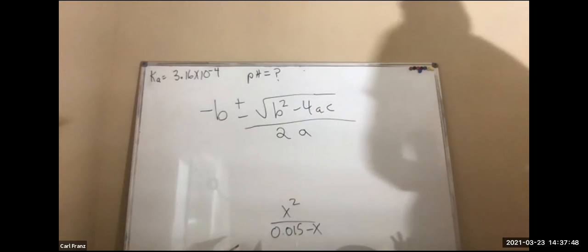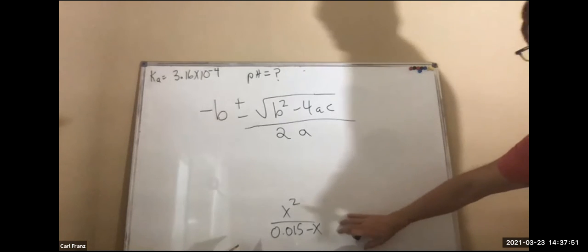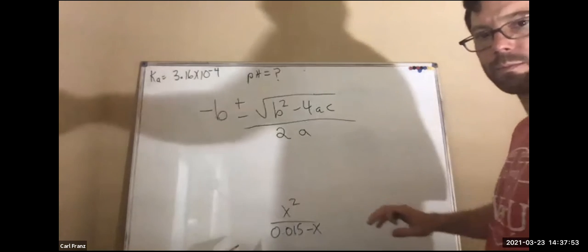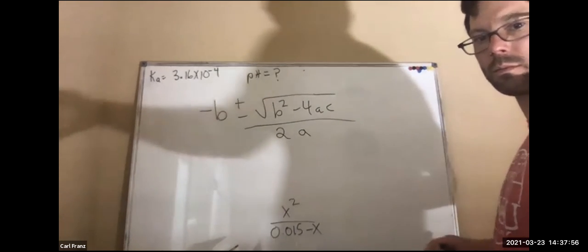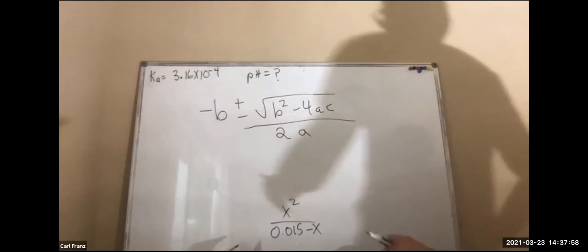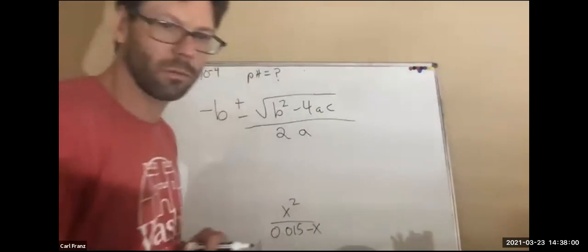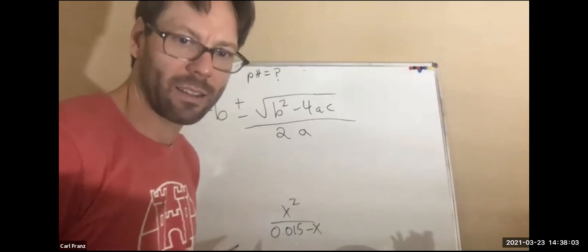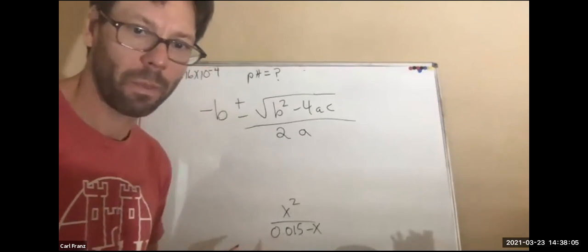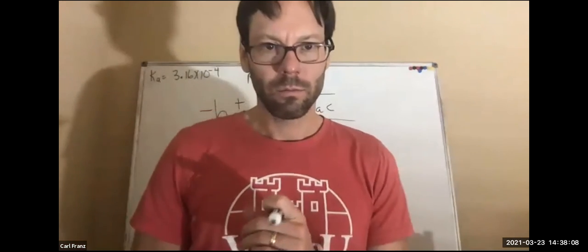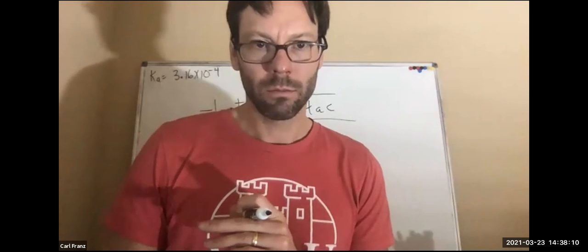So how do we put this into the quadratic formula? That's also part of it, right? We have to get it arranged so it's x squared plus x plus the number.